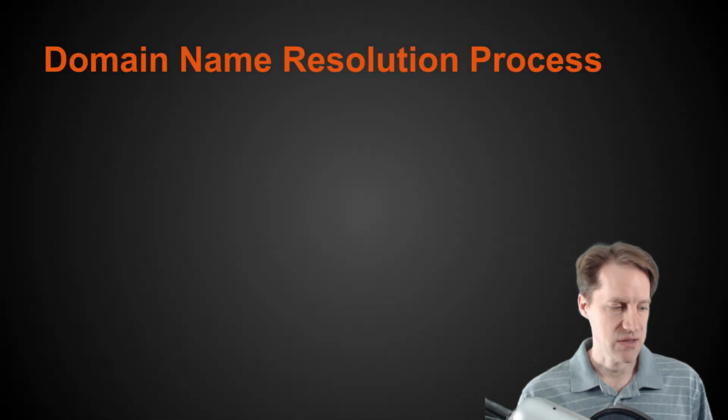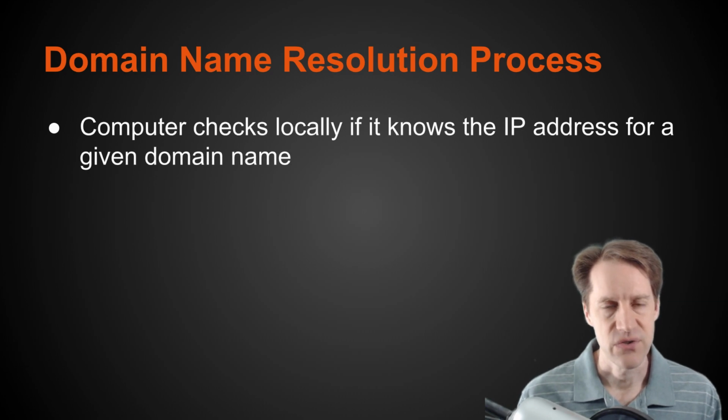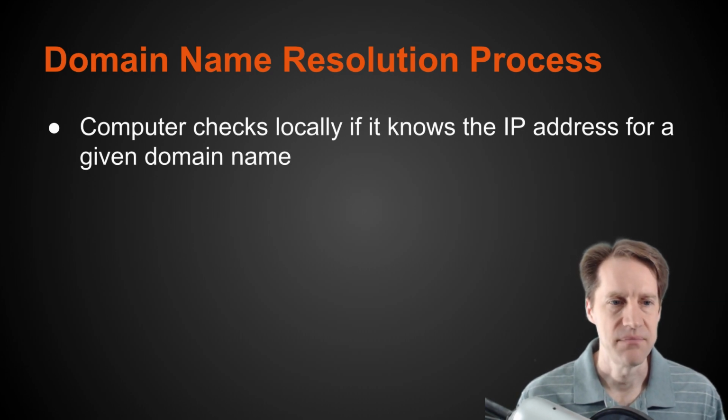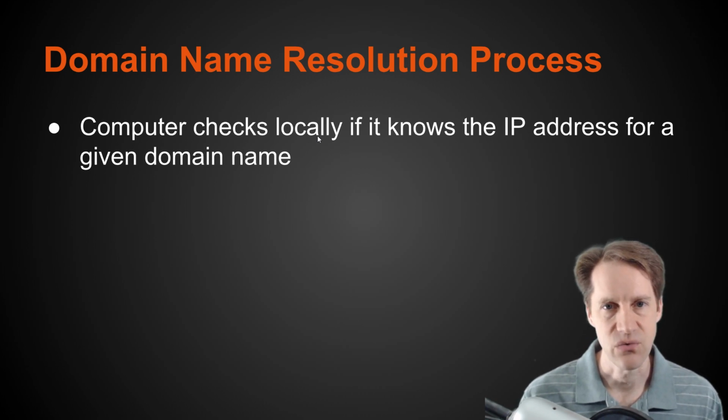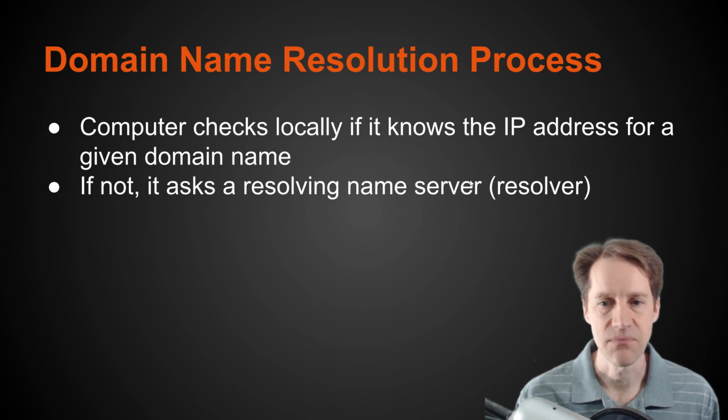All right, so let's talk a little bit about the name resolution process. How does this actually work? First, when you type in something like google.com, your computer checks locally. What I mean by locally is it checks in its own memory, in its own cache, what it's memorized, to see if it knows the IP address for the domain you've entered. If it doesn't find it, it then asks what's called a resolving name server.